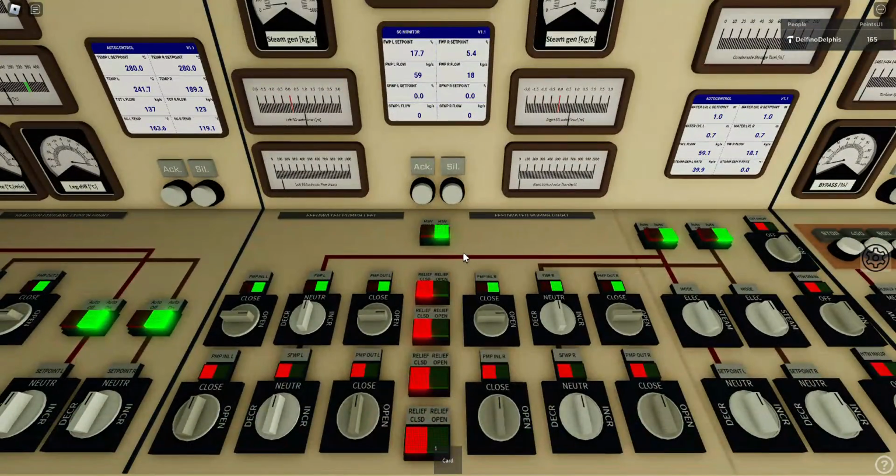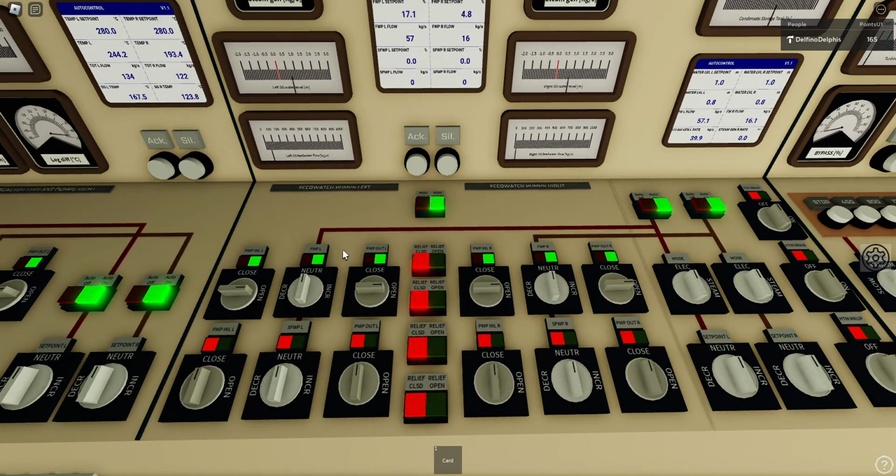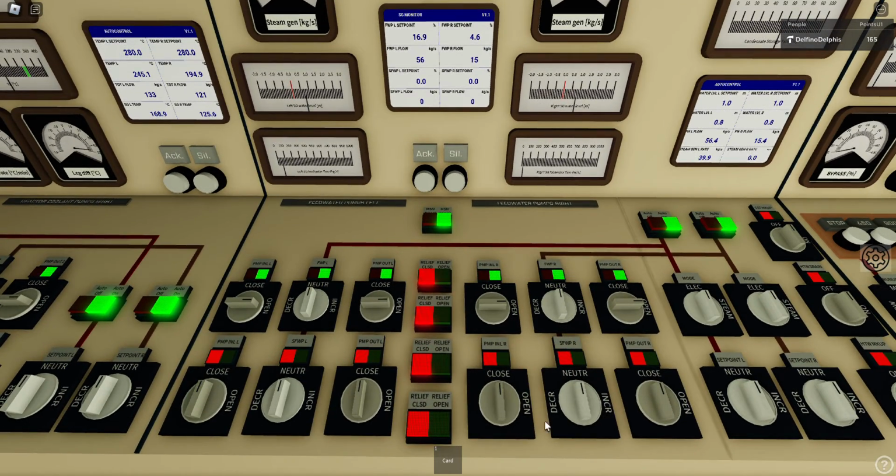Okay, so we have one electric pump for the left steam generator, one for the right, and we also have steam driven pumps. We will use them later when we have enough steam available. At this moment we need to use the electrical ones, so they are just auxiliary pumps or emergency pumps. The main pumps you want to use are the steam driven.